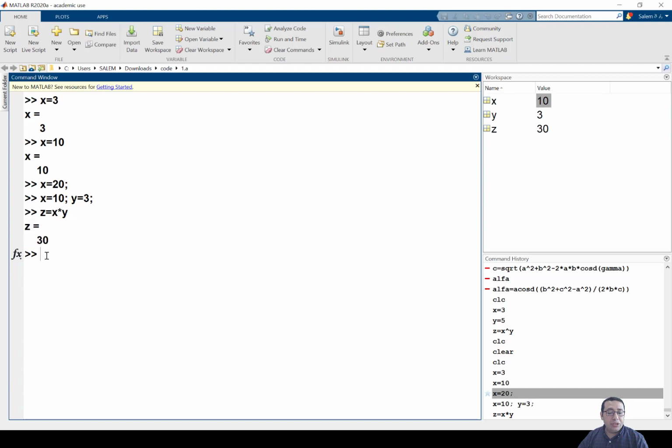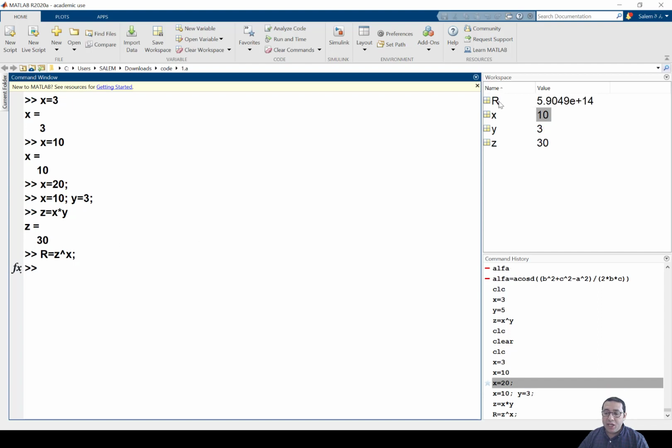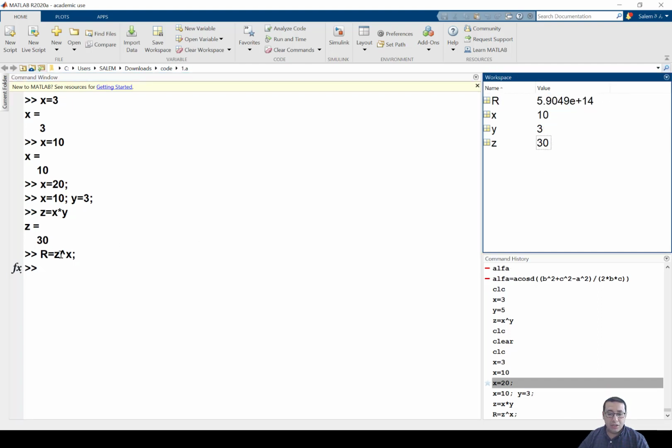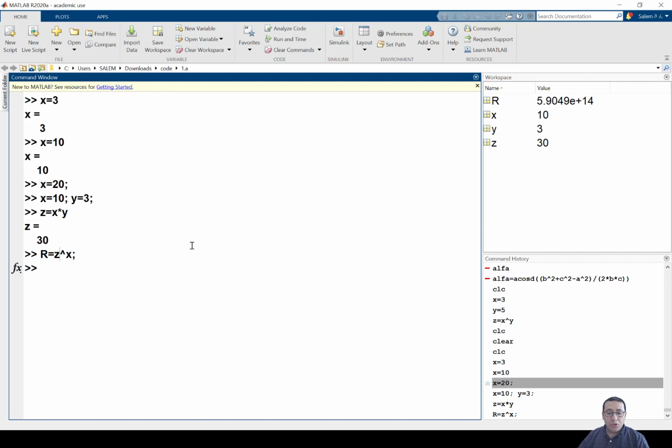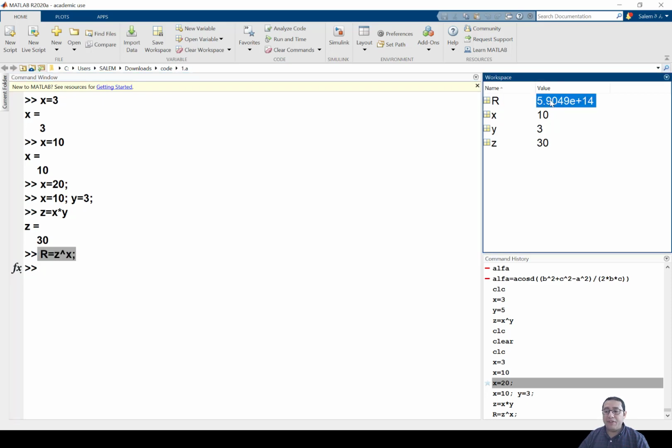And if we need another operation, for example, r is equal to z to the power x, but we don't need MATLAB to show this operation for us, just use semicolon, enter. Here, the value for r is defined. So MATLAB will not show this output, the echo, for us, and we just have the value for r shown here.